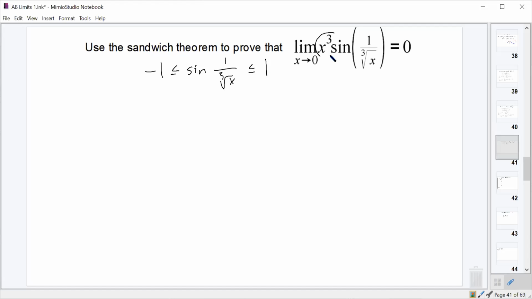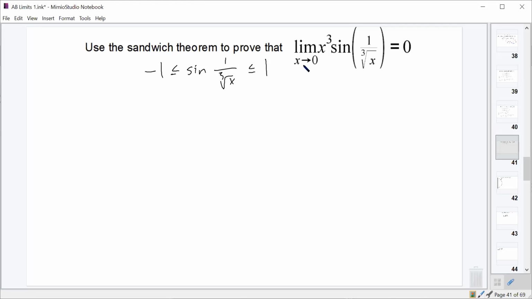Right. x cubed is not of the same nature as x squared or x to the fourth. x squared was always positive, and x to the fourth was always positive, but x cubed is not always positive. It's not always above the x-axis or below the x-axis. And there's a problem with multiplying inequalities by things that are not necessarily always positive, right?